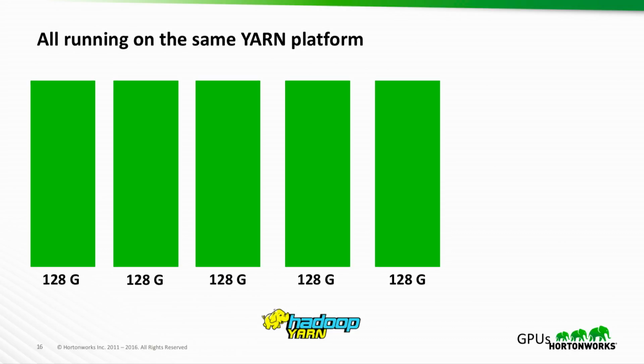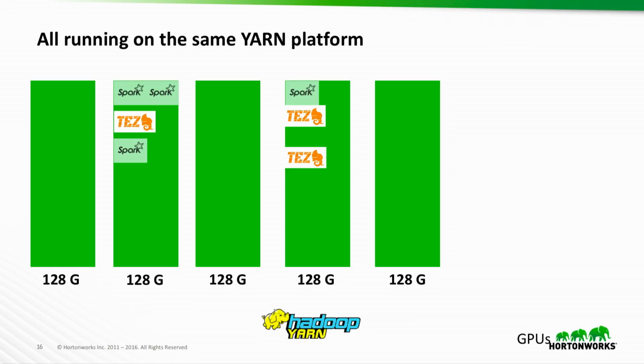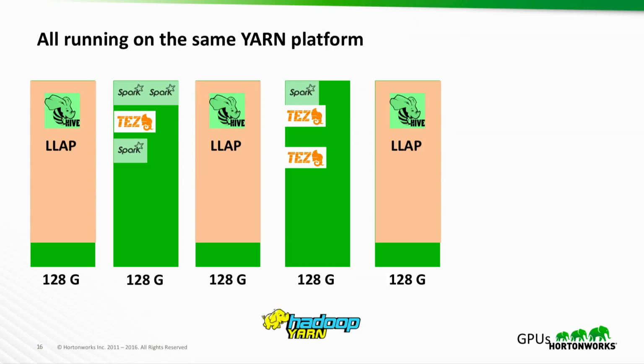So let's see an example of how all this workload runs on the same Yarn platform. Let's assume we have 5 nodes, each node has 128 gigabytes. We are using Yarn to manage this cluster, and we can run test jobs on some of the nodes, run Spark on some of the nodes, and run OLAP on the other nodes as a long-running service to do SQL queries.